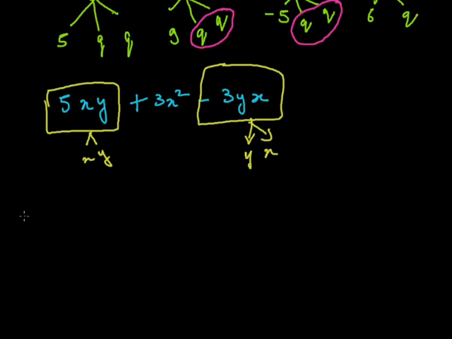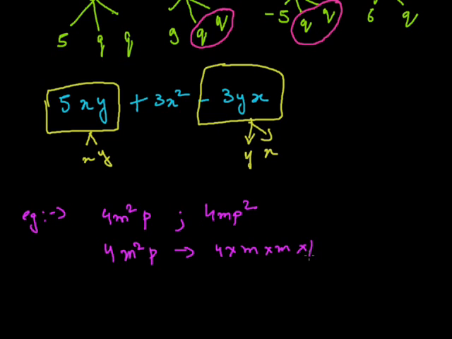Now let us see an example. If we have to find out whether the given terms 4m square p and 4mp square are like terms or not, first I will write the factors of 4m square p, that is 4 into m into m into p, and the factors of 4mp square are 4 into m into p into p.